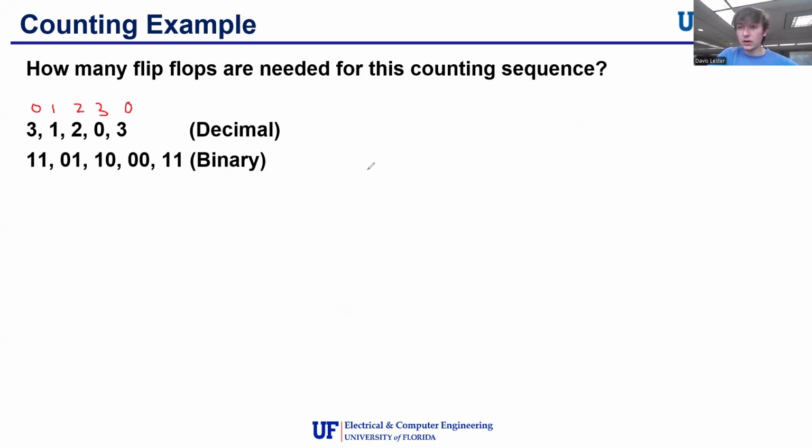So to figure out how many flip-flops a counter needs, we look at the highest number of states, which is 3. And we know that 3 in binary is 1, 1. So the most amount of flip-flops that we need would be 2. 2 flip-flops so that we can represent the highest bit and the lowest bit here.